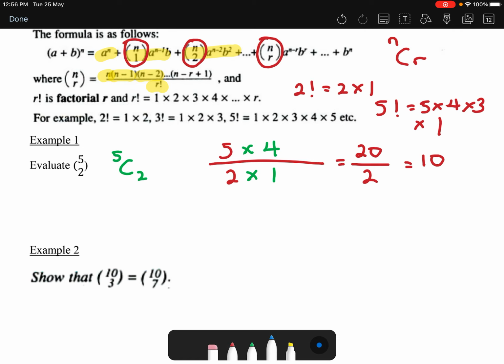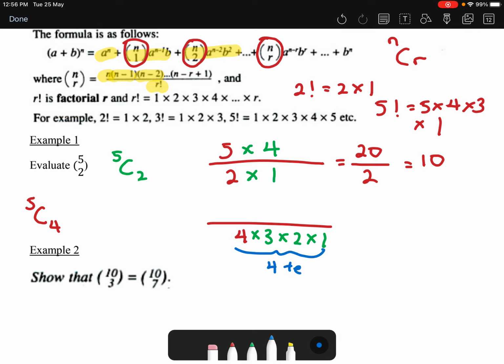Let me give you one more example. What about 5 choose 4? How do we evaluate 5 choose 4 without using any calculator? Same thing, put a fraction. At the bottom you put 4 factorial, which is 4 multiplied by 3 multiplied by 2 multiplied by 1. You notice that there are 4 terms in your denominator, so at the top there must also be 4 terms.